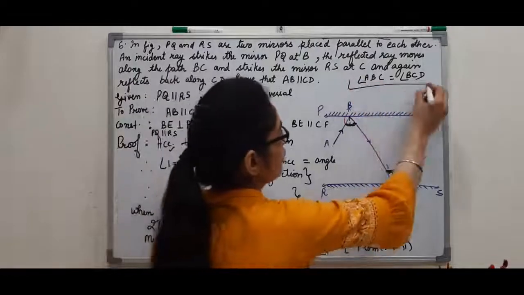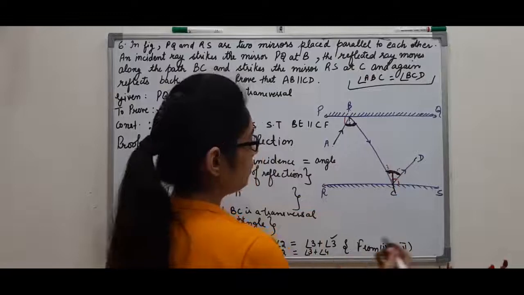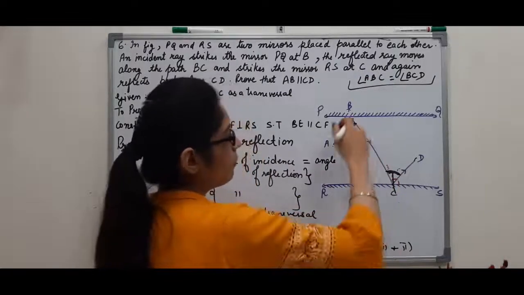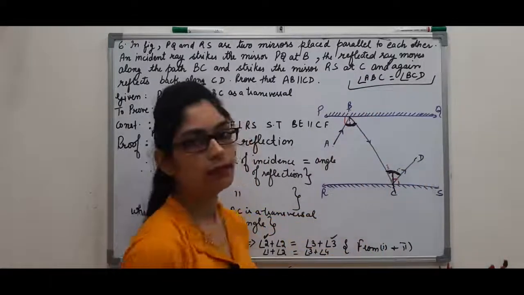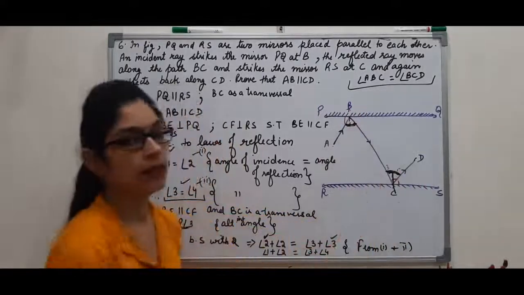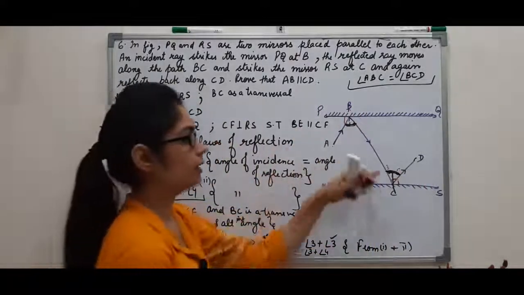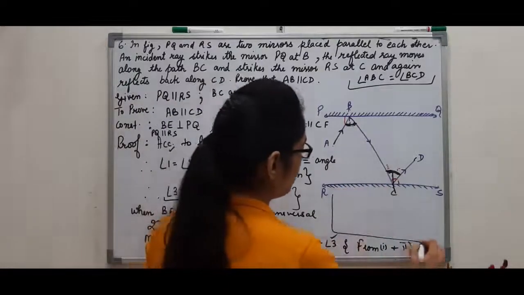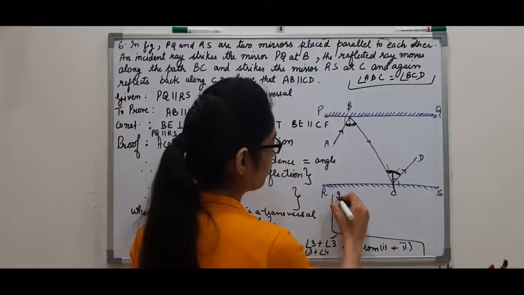So now if these two angles are equal, we can mention the reason. If two lines are intersected by a transversal such that the pair of alternate interior angles is equal, then these two lines are parallel to each other. So I'll write the reason also.